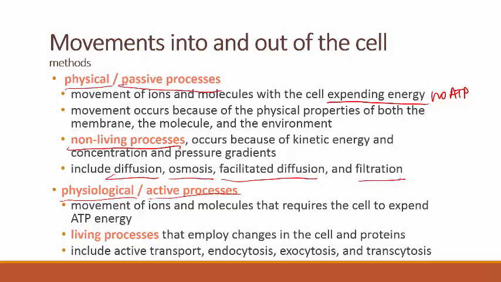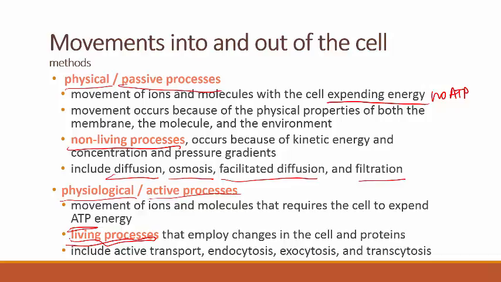Now these active processes, they all require ATP, and they are living processes that can only be done with living cells because they employ changes in the cells and changes in the proteins that are in the cell membrane. They include things like active transport, endocytosis, exocytosis, and then another process called transcytosis.